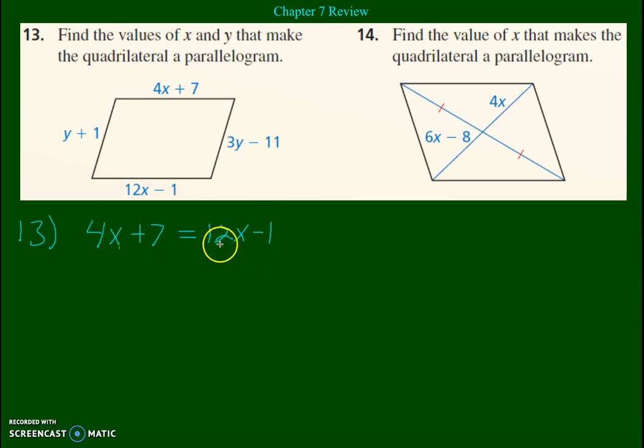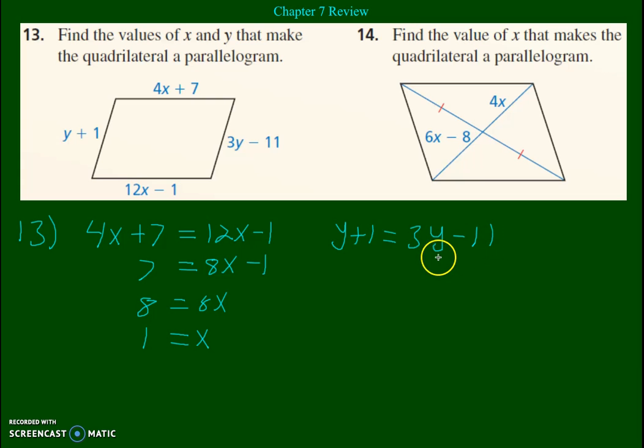So subtracting 4x from both sides, 7 equals 8x minus 1. Add the 1. 8 equals 8x. Therefore 1 equals x. And now working with the y's, y plus 1 has to equal 3y minus 11.